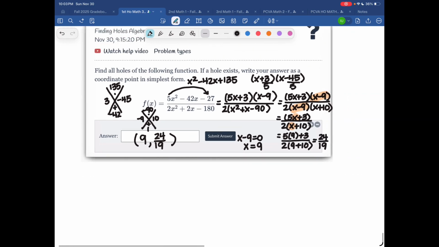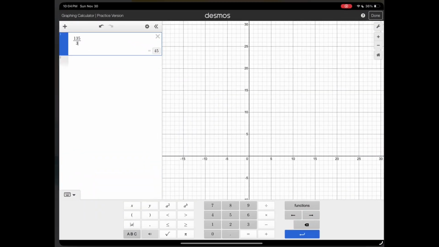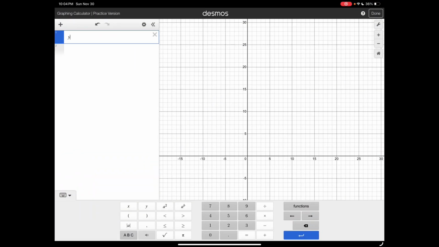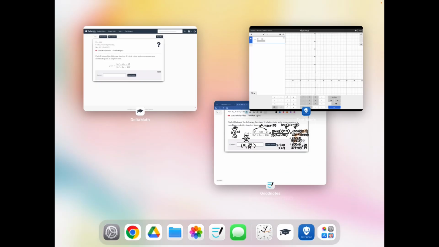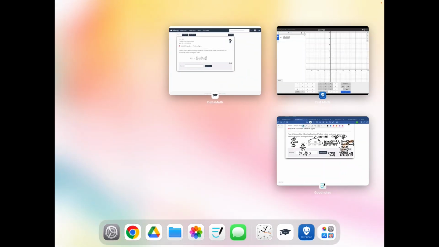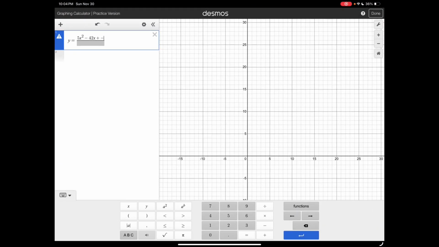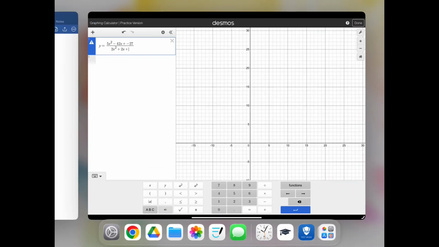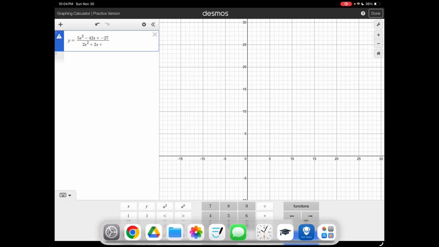And again, we can check that in Desmos the same way we did previously. So we have y equals 5x squared minus 42x plus 20 minus 27. And then on the bottom, we had 2x squared plus 2x minus 180.